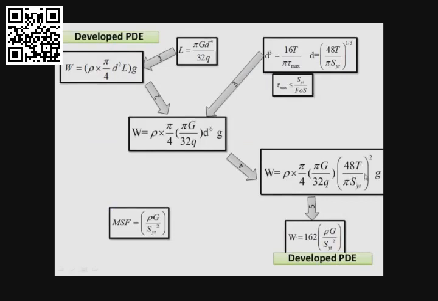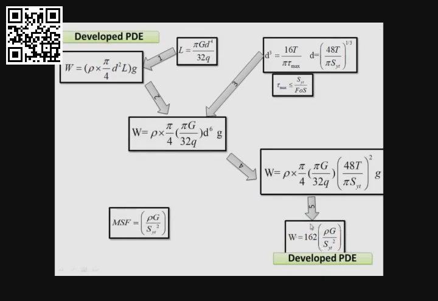Substitute the value of q and the value of T. Keep rho, G and Syt as they are. Substitute all the values, and we are going to get 162 into rho G upon Syt square. So this is the MSF.